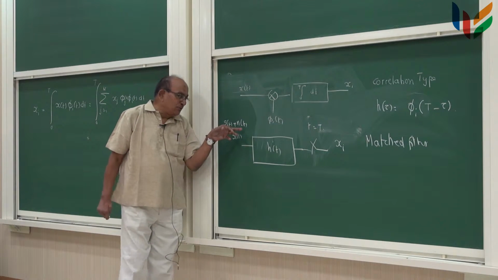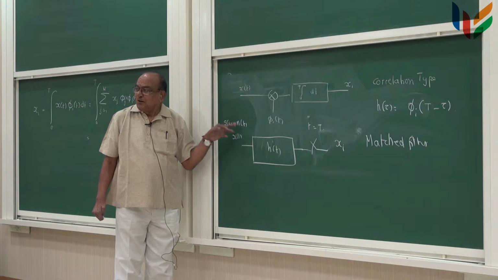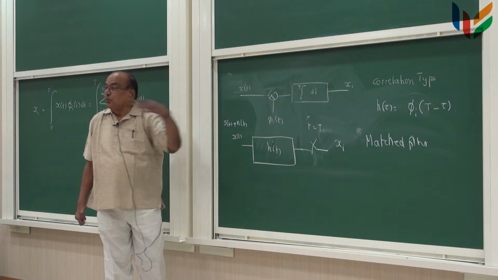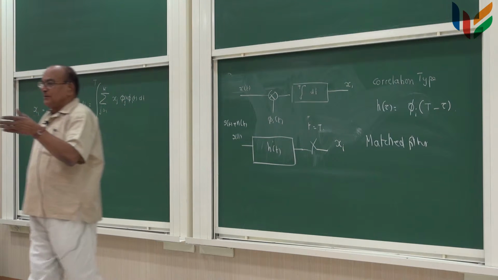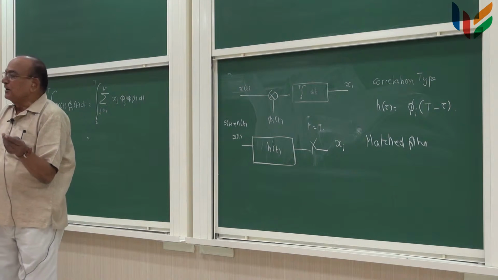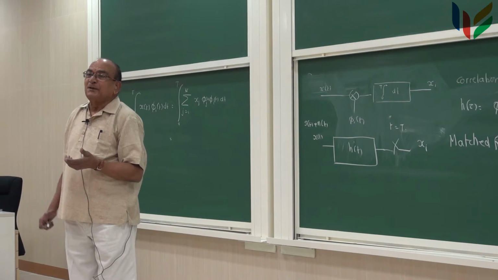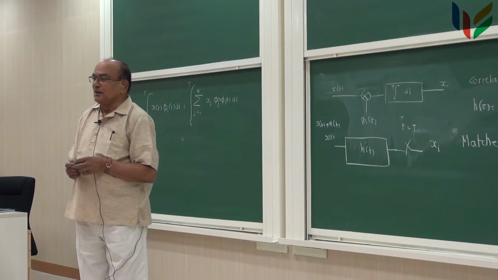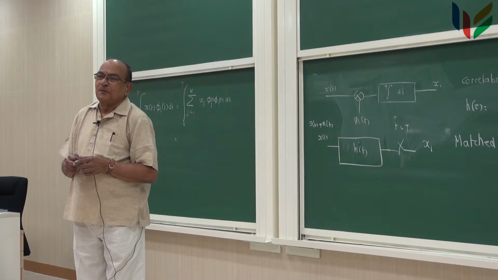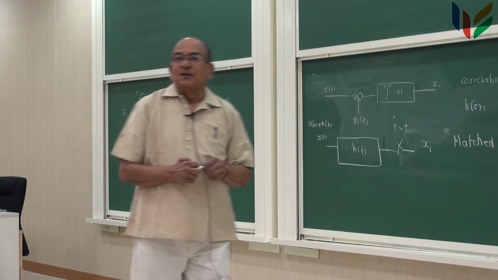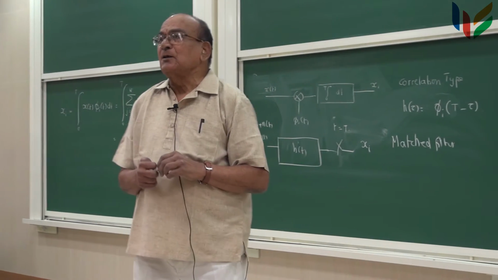And if the component due to the noise is much smaller than the component you get from the signal, then you get a higher output signal to noise ratio. So, you are able to extract a signal out of noise, and this match filter has been invented theoretically for this purpose.